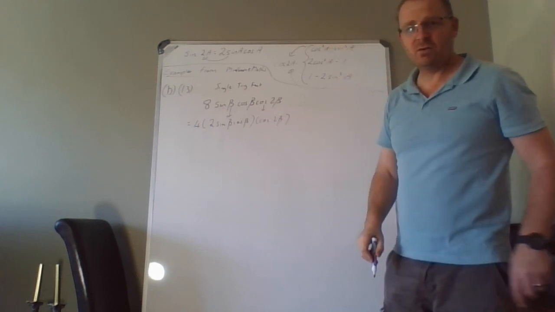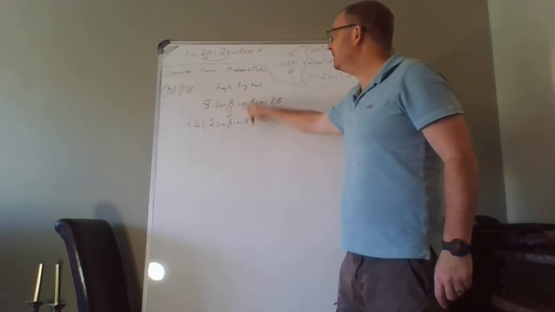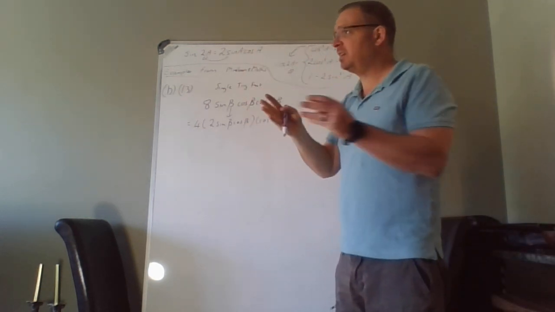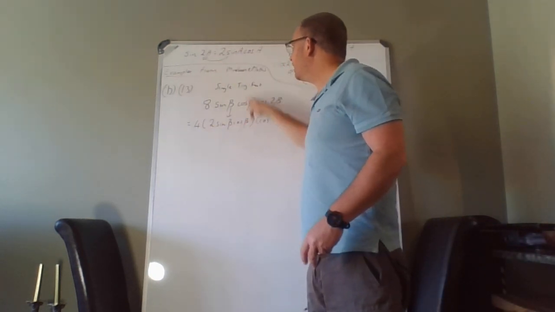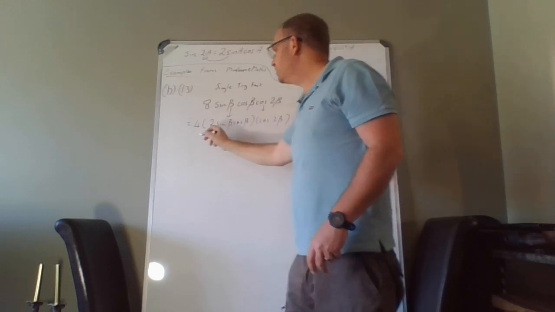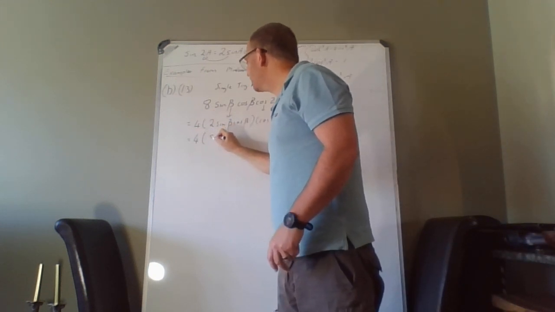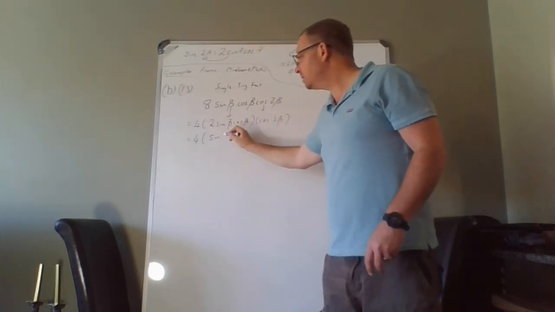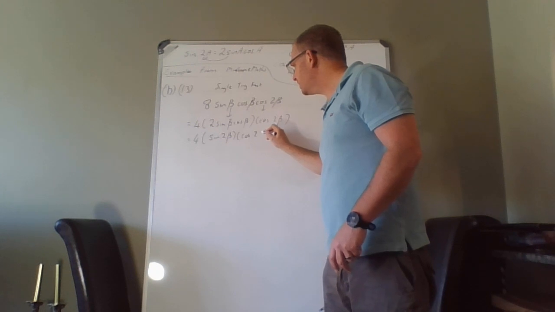Lovely stuff. Right, so now 2 sine beta cos beta. Remember I'm trying to compress it, to get it to a single trig function working from right to left. So 2 sine beta cos beta is the same thing as sine 2 beta. So I've still got that 4. This over here becomes sine of double that angle, which in this case is just 2 beta, times cos 2 beta.